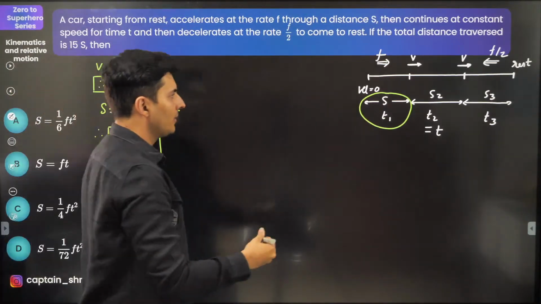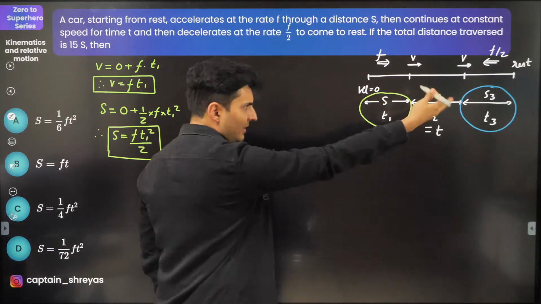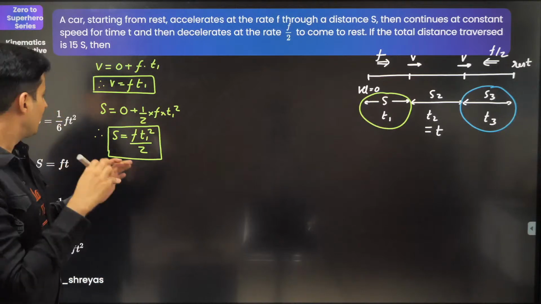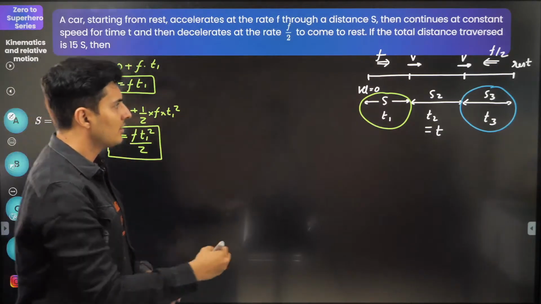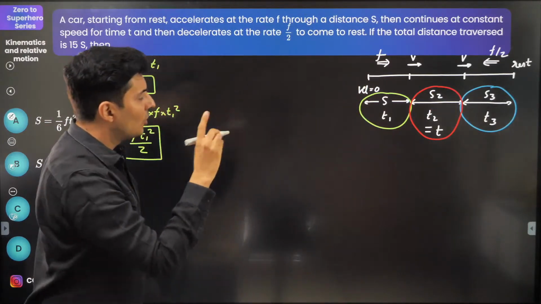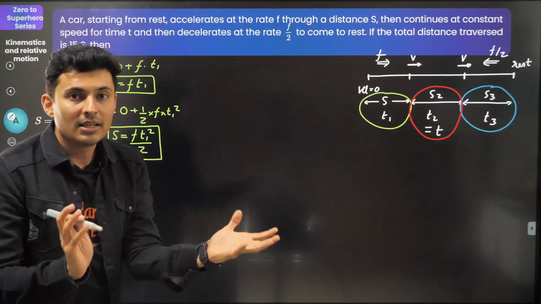Now let's focus on maybe this part, because this is acceleration, that is deceleration, so maybe things could be easy, or maybe just this one. Let's just try this out. What happens for this one? Here the velocity is constant, so I can just use velocity is distance by time.